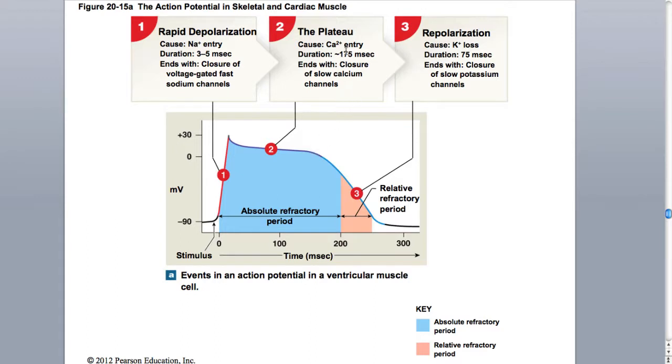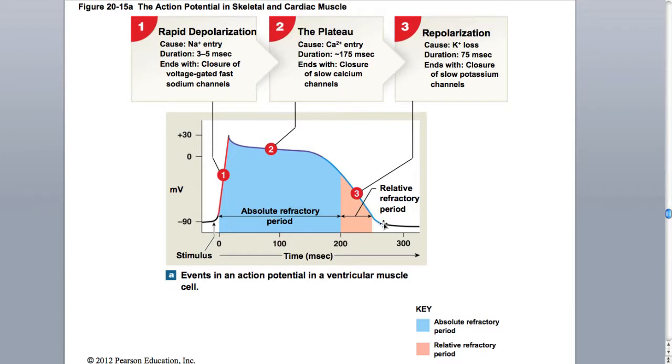These ion channels for calcium help determine the contractility of the heart, how strong that myocardial layer is going to contract. It's the plateau due to the calcium ions.